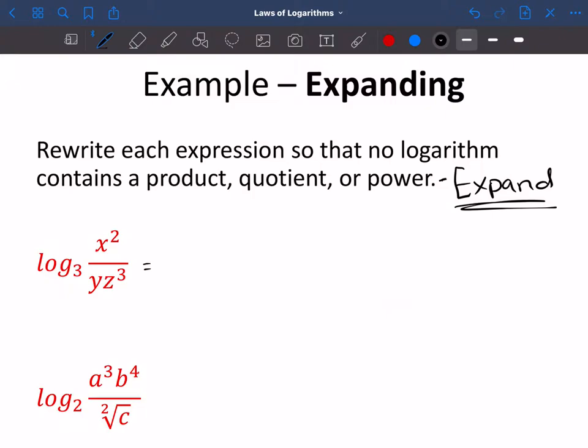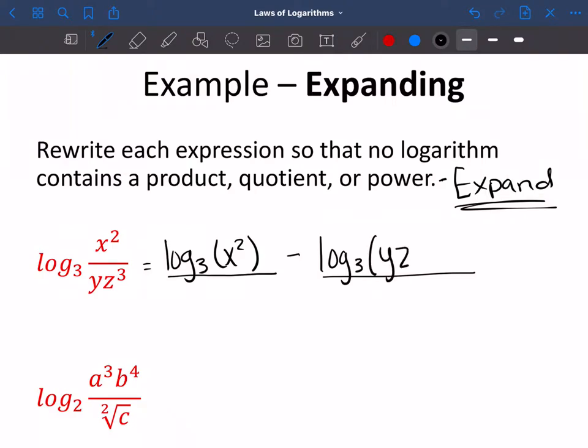So first of all, let's take care of our quotient. So we know we're going to have two terms right now that are going to be subtracted. So we have log base 3 of x squared minus log base 3 of y times z cubed.